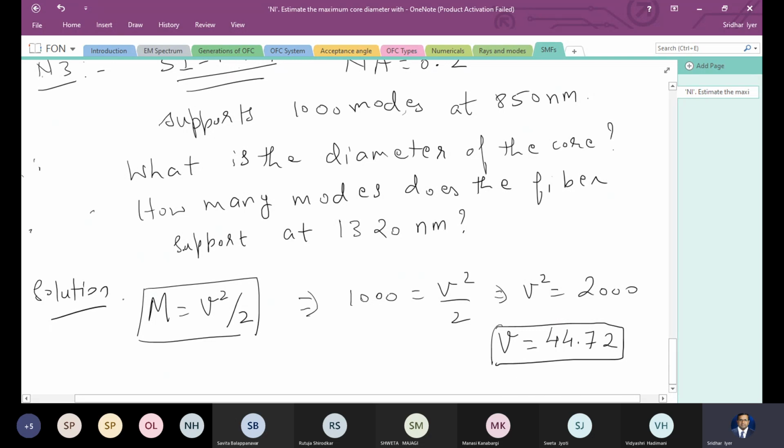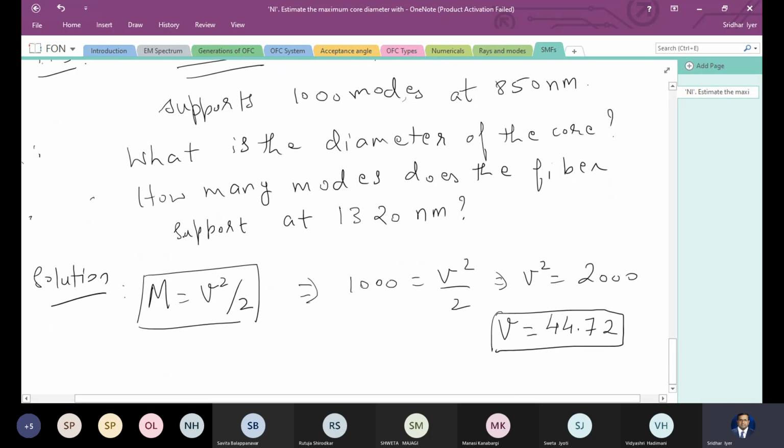Okay. Now the first question is, what is the diameter of the core?